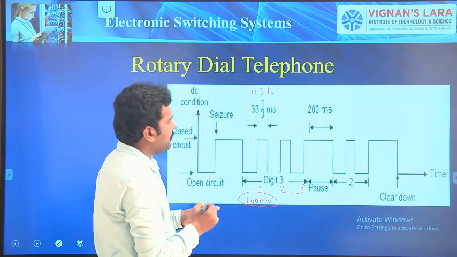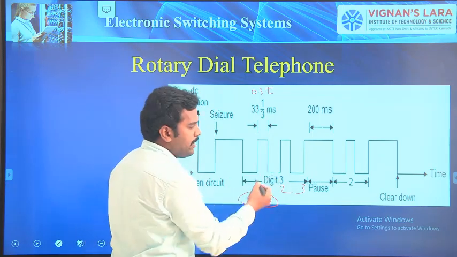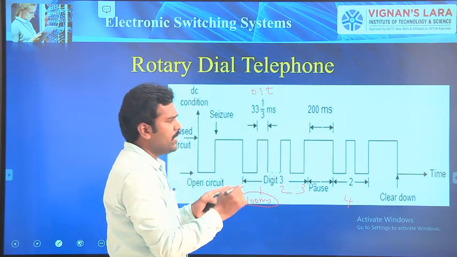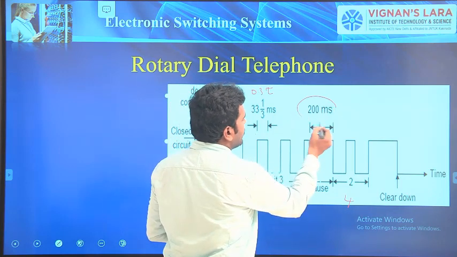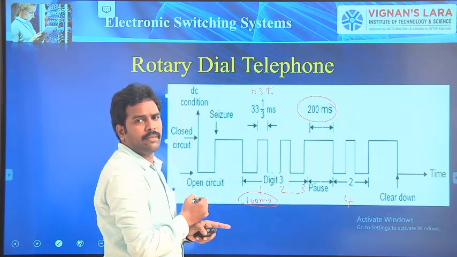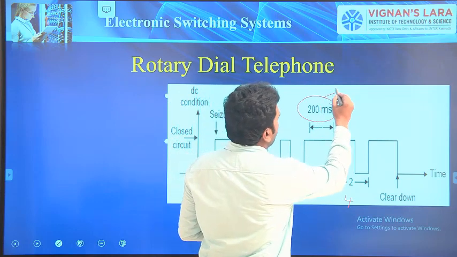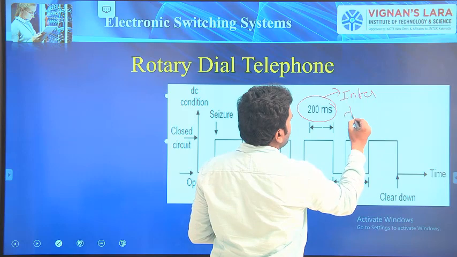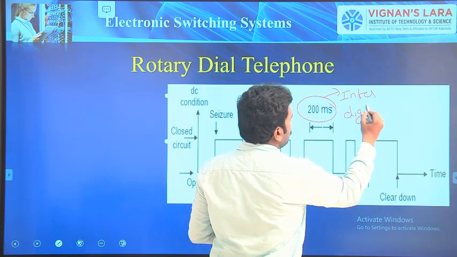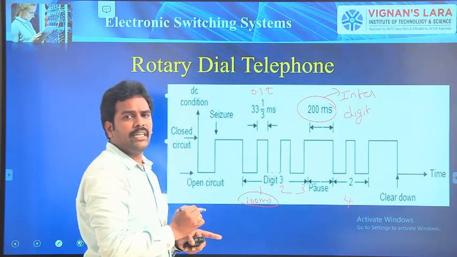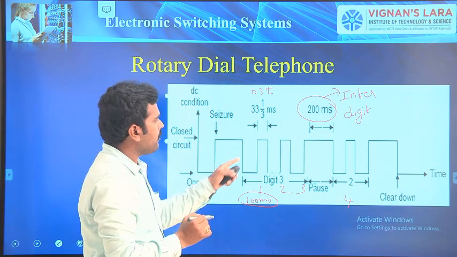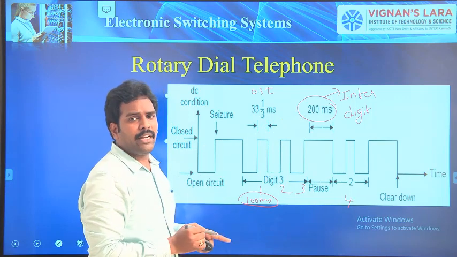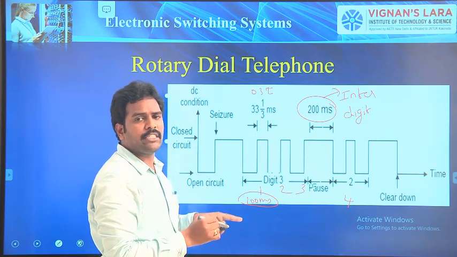Now, after dialing digit 3, I want to dial digit 4. There should be a time gap of 200 milliseconds between two corresponding digits. This is called the inter-digit gap. This time is very much required to identify the numbers, because if I do not provide this inter-digit gap, the system may not understand which number is dialed, whether it is 3 or 4.